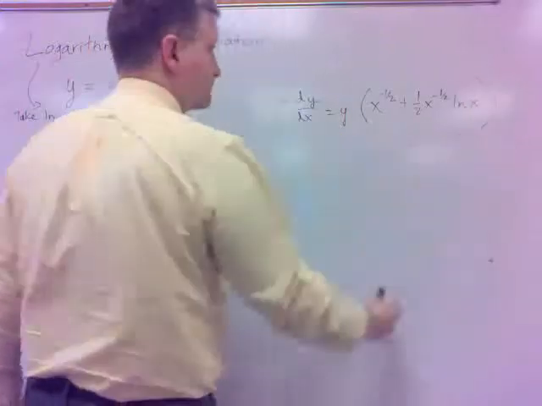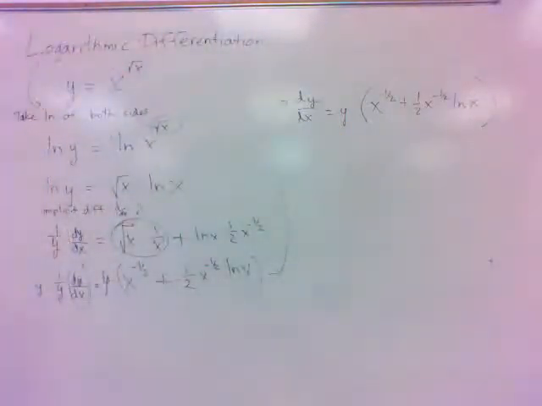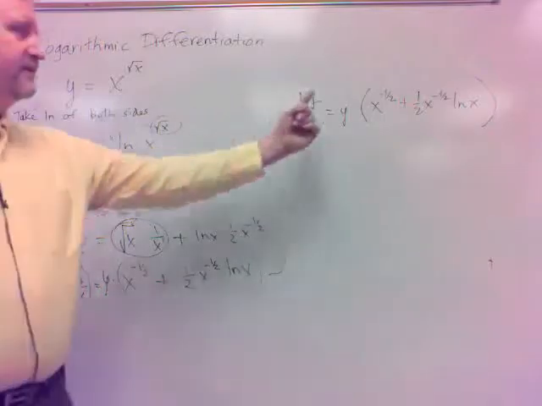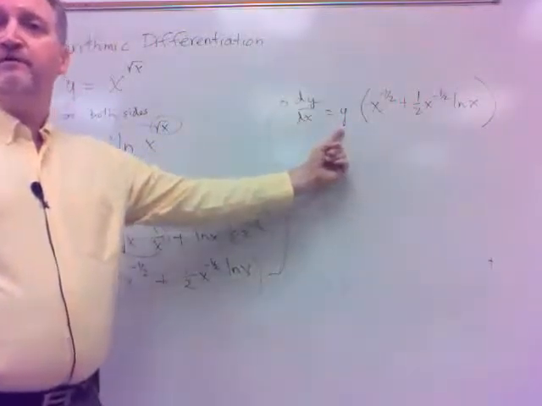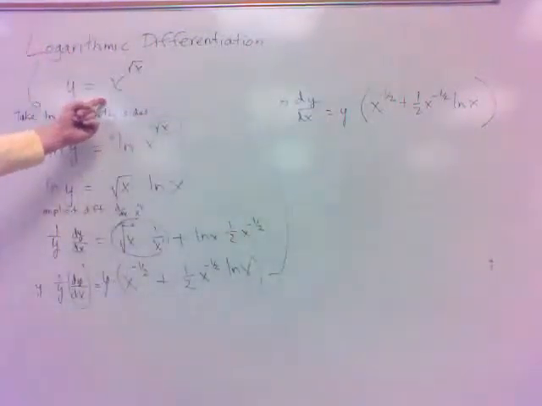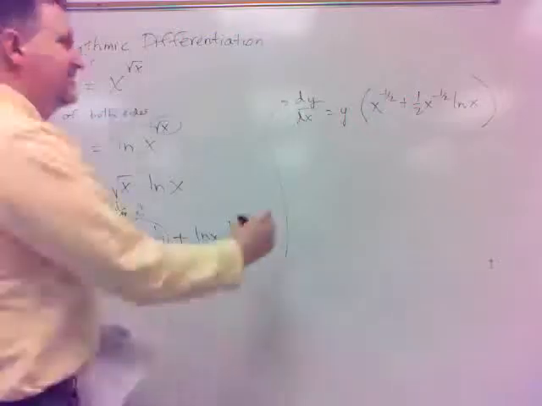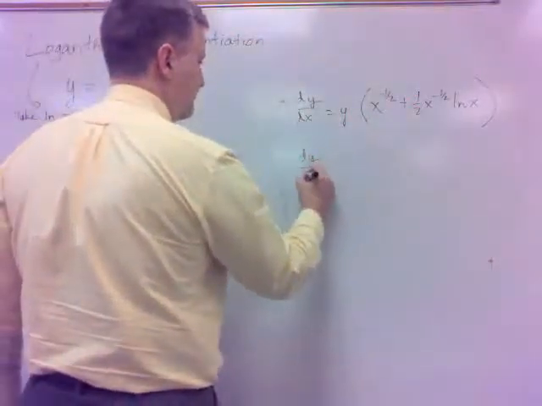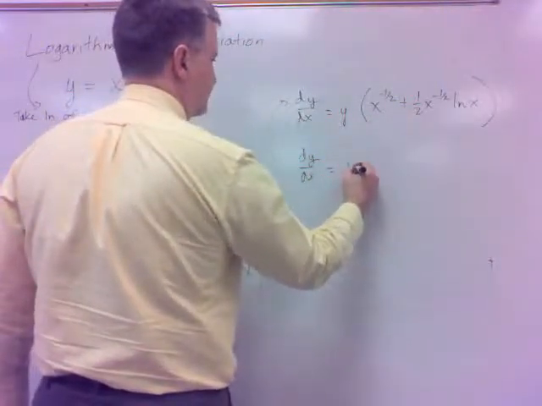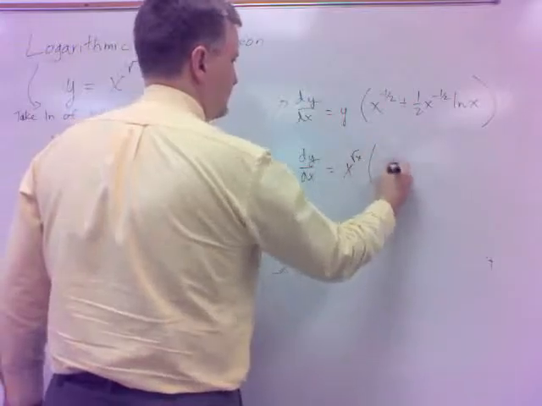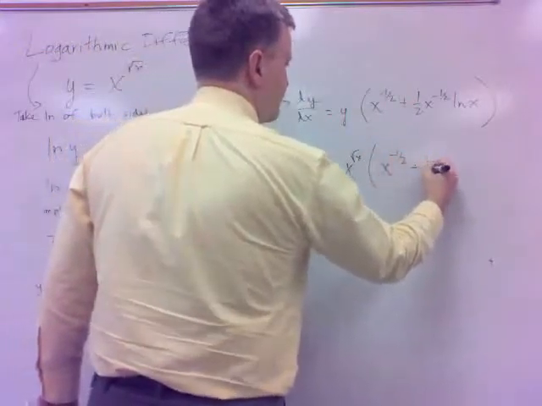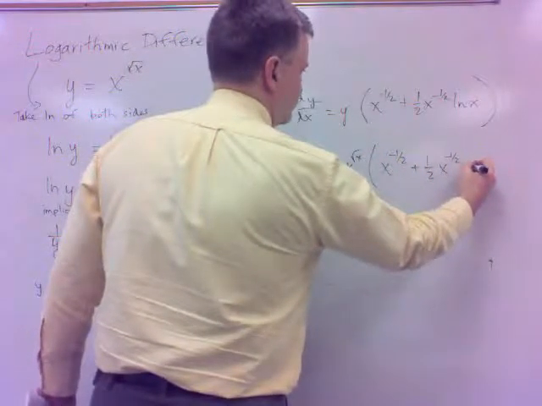Right? And then to get it explicitly in terms of x, change back the y. What is y equal? X to the square root of x. So the final derivative dy dx or y prime is x to the square root of x times x to the minus 1/2 plus 1/2 x to the minus 1/2 ln of x.